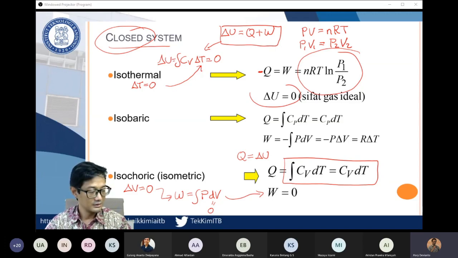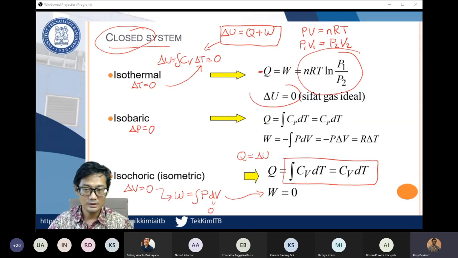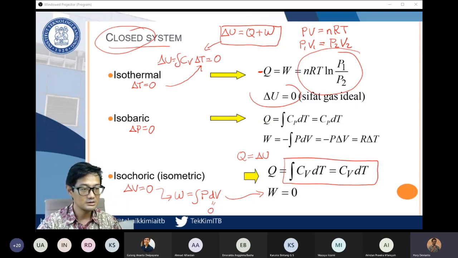Okay, now let's move on to isobaric. In the isobaric case, delta P is equal to 0, same pressure. So isothermal is the same temperature, isochoric or isometric is the same volume, and isobaric means the same pressure. The initial and final pressure remain the same.